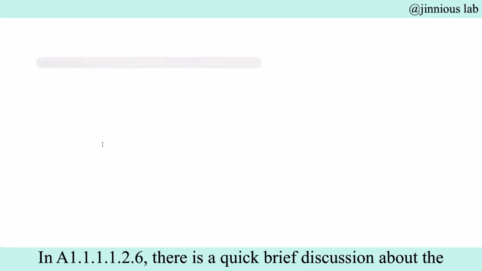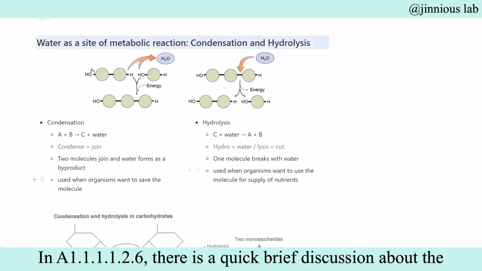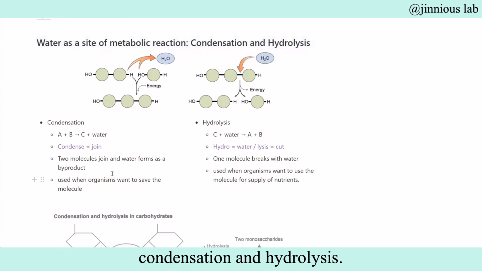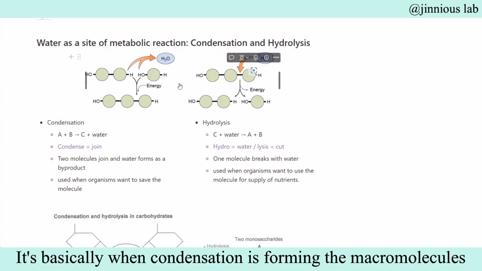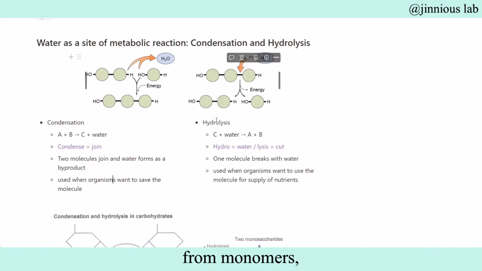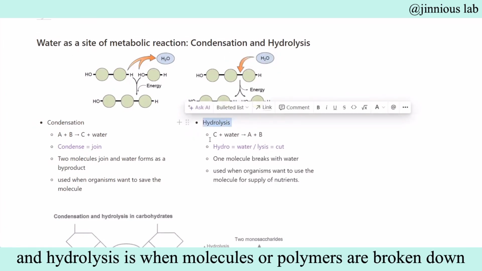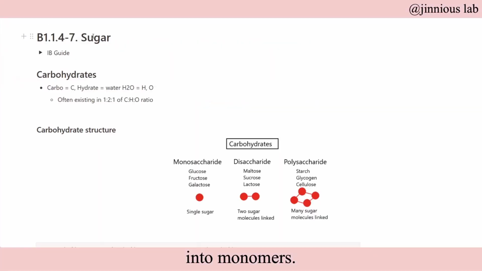And in A1.1.1 to 6, there is a quick brief discussion about condensation and hydrolysis. It's basically when condensation is forming the macromolecules from monomers, and hydrolysis is when molecules or polymers are broken down into monomers.